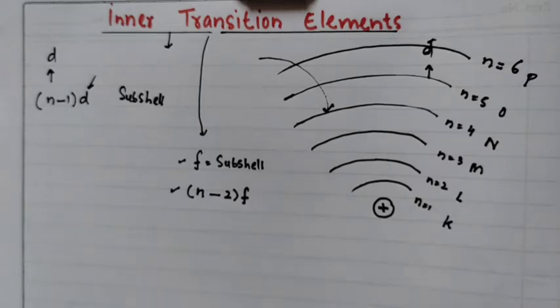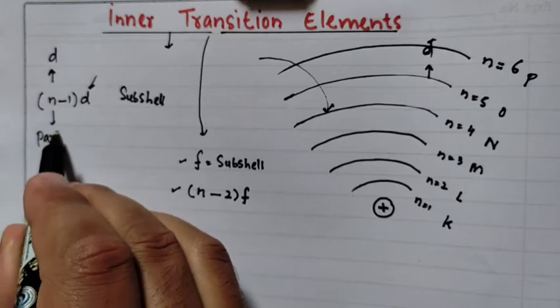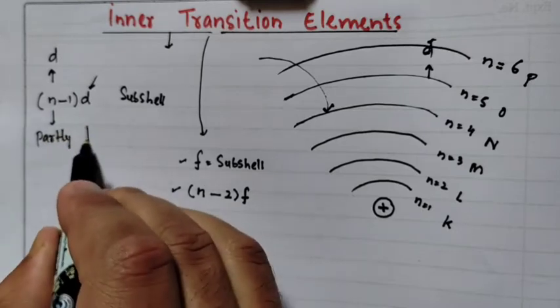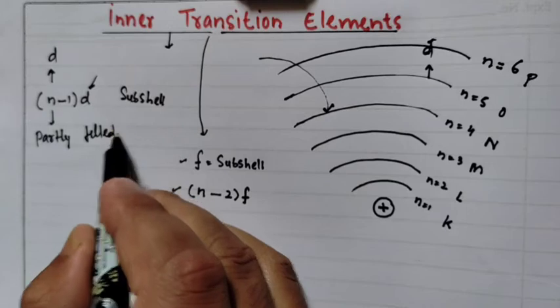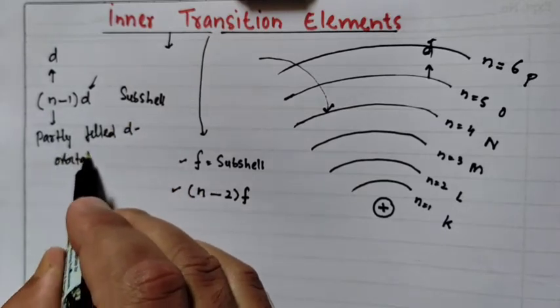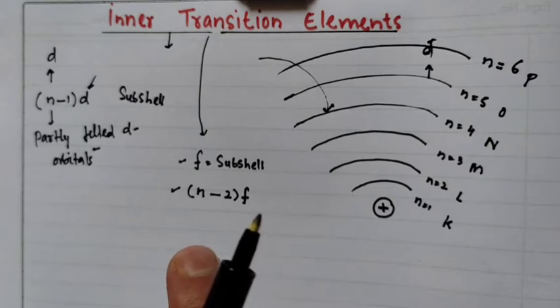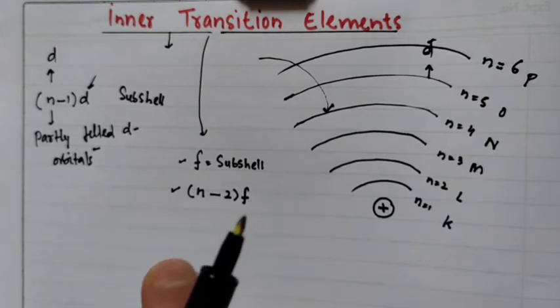So now this is important. इसके बाद में जो है हमने d blocks में कहा था they have partly filled d orbitals. ठीक है, so they have partly filled d orbitals. Same is the case here. These also they have partly filled orbitals.